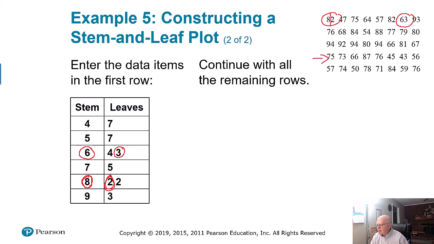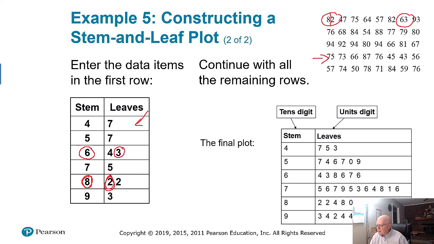We only have some of these leaves here, so we'll fill in the rest. The final plot is this one. Notice, if you pause real carefully, you can see all of these entries up on the top here in this list. For example, this represents 47.